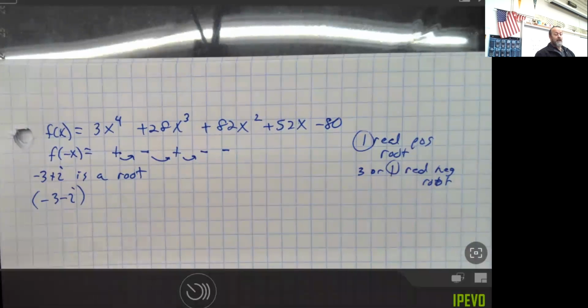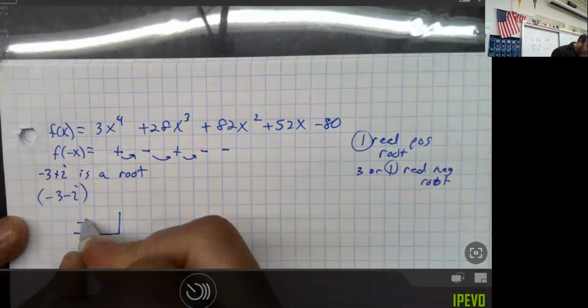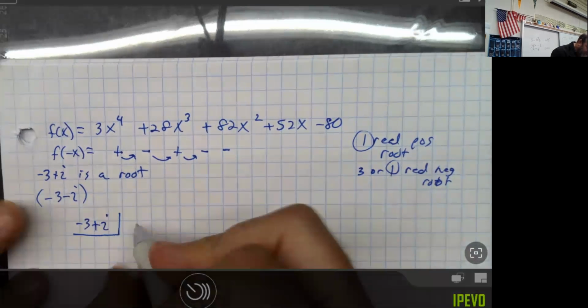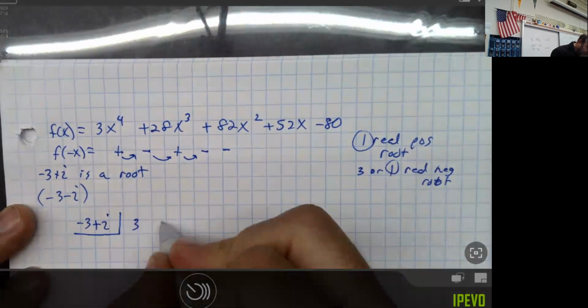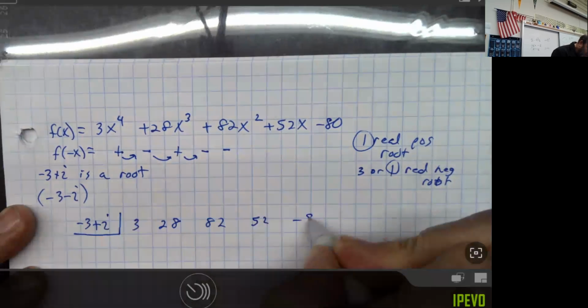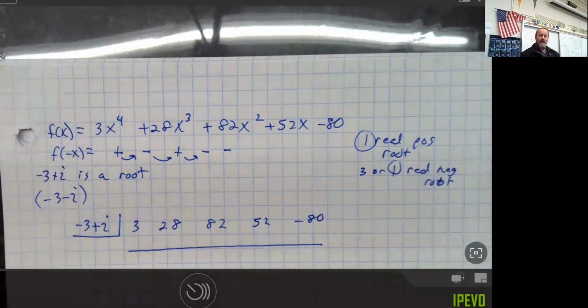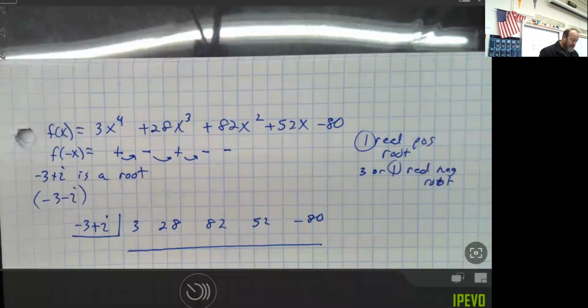But the nice thing is, we're going to go at this and just use what we know to be true. I know that -3 plus i is in fact a root. So I'm going to do synthetic division, because I was guaranteed in the question that if I divide these out, they will divide out perfectly and have no remainder.